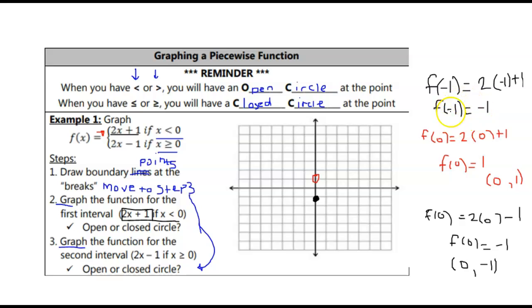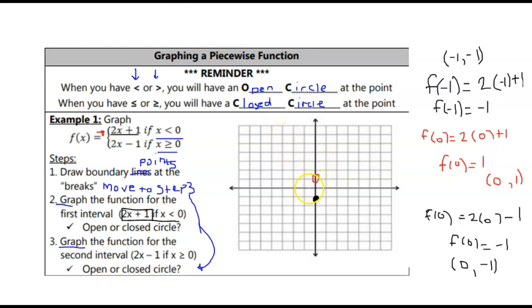So now I have a second point here, and that's going to be when x is negative 1, y is negative 1, and this is for all my values less than 0, which was this boundary point here where my open circle was. So I can go ahead and plot that point, and I'm going to do it in red.